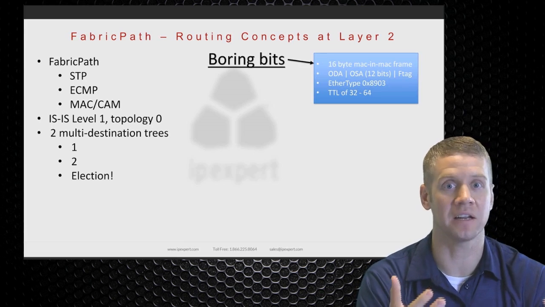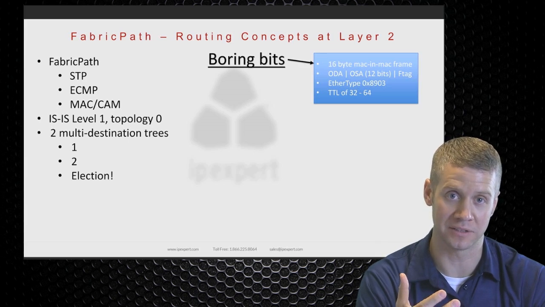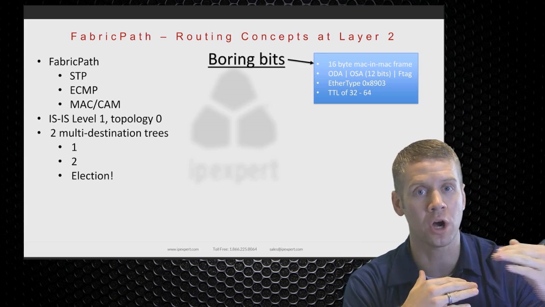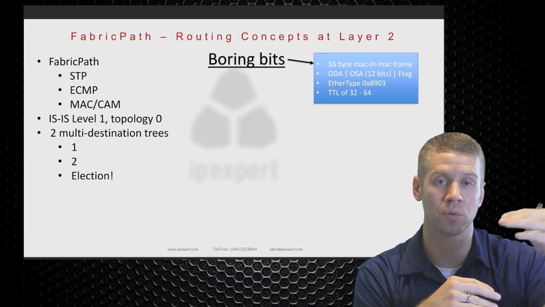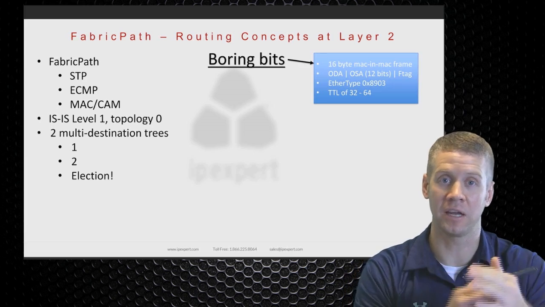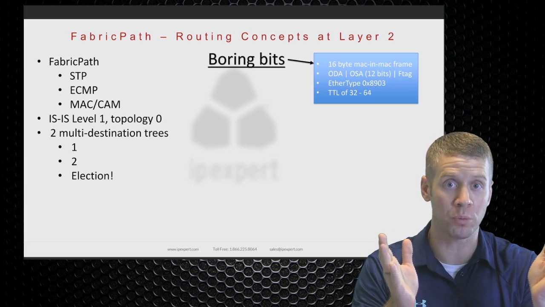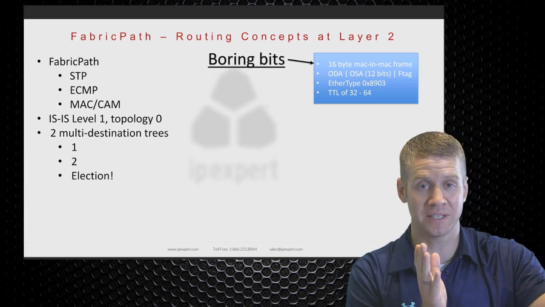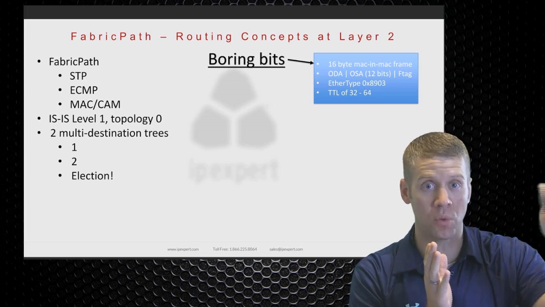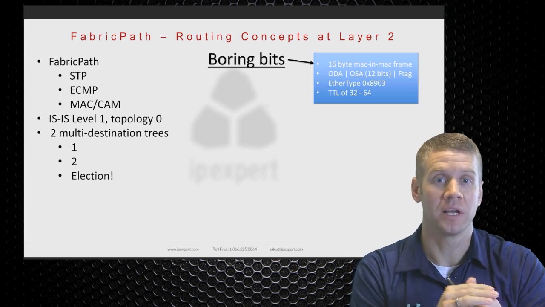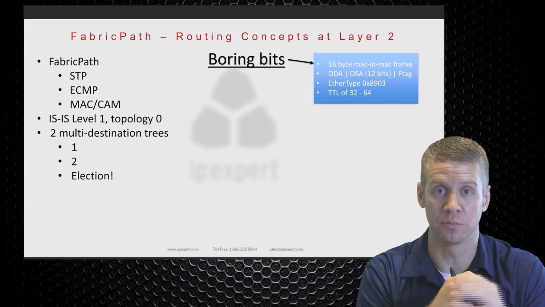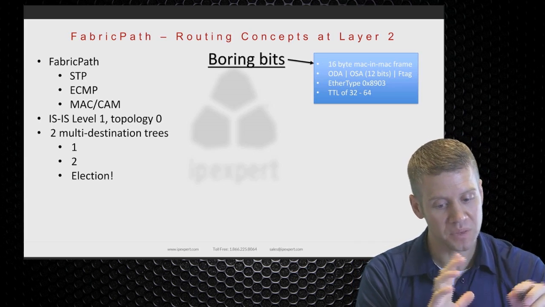It does, in fact, eliminate spanning tree within the data center. And it allows us to use equal cost multipathing between a source and destination. Just like any routing protocol, if we have multiple paths from a source to a destination that are equal in cost, it's going to allow us to take advantage of those multiple paths.